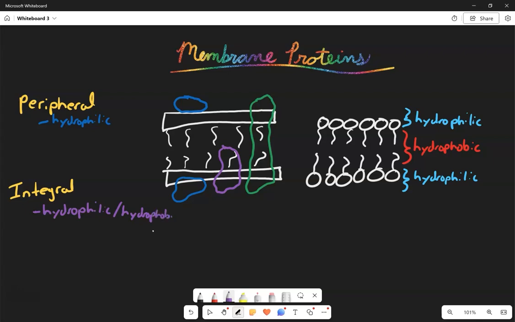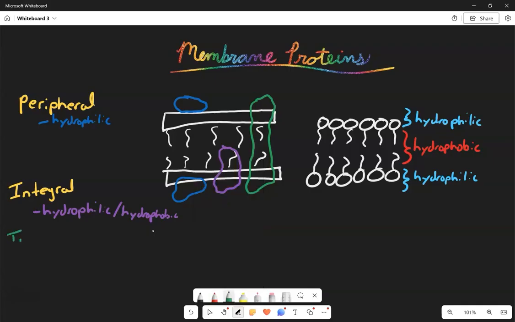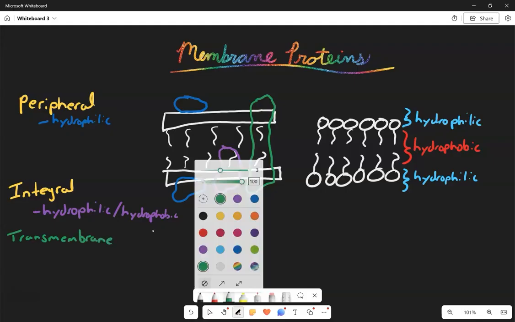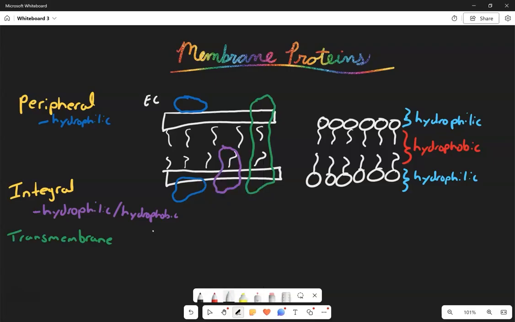Okay? In green, this is what we refer to as a specialized integral protein, known as a transmembrane protein, because it spans the entire membrane. If we consider this out here our extracellular side, and this here our intracellular side, notice that it is exposed to the extracellular environment and the intracellular environment.